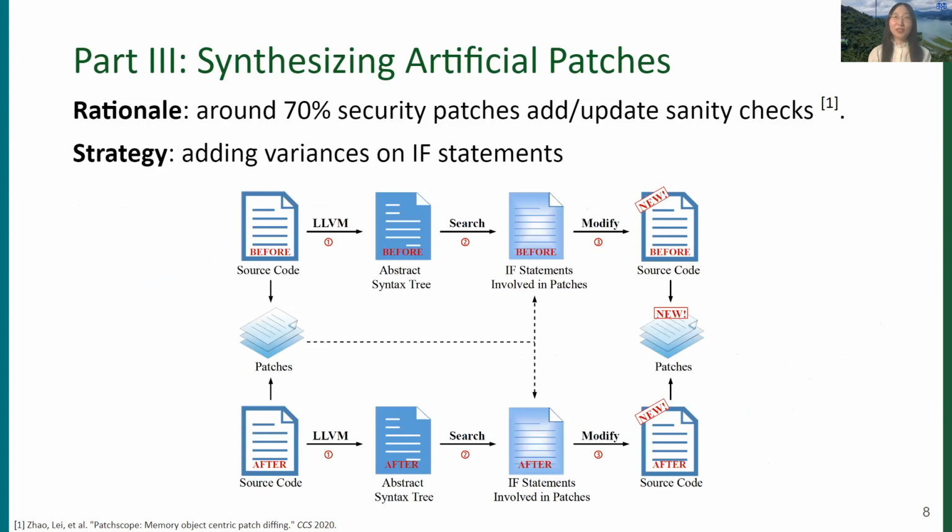To further increase the variety, we generate an artificial patch dataset. Previous research has found that around 70% of security patches modify sanity checks. So here, our synthesis strategy is to add variants on if statements in existing patches, since a patch is a set of code changes between 2 versions.